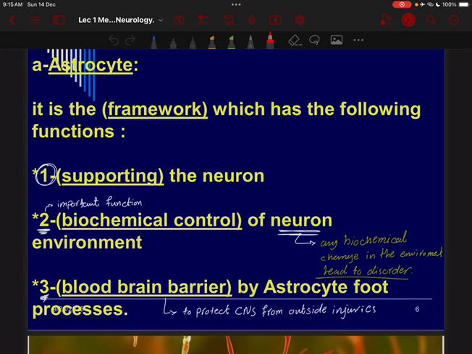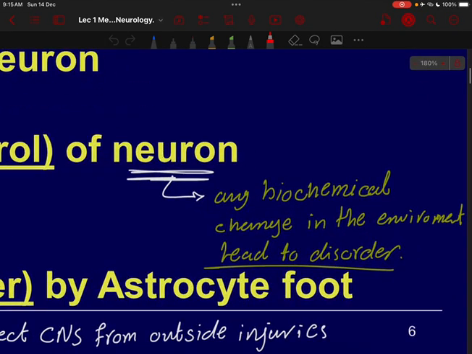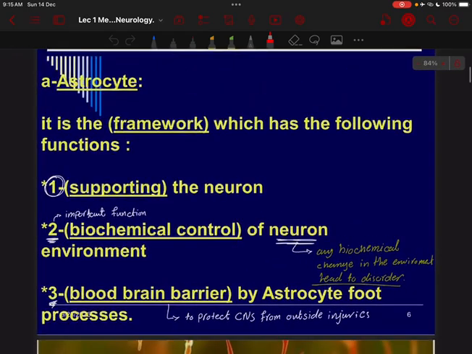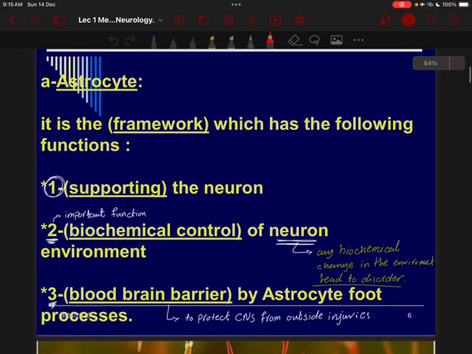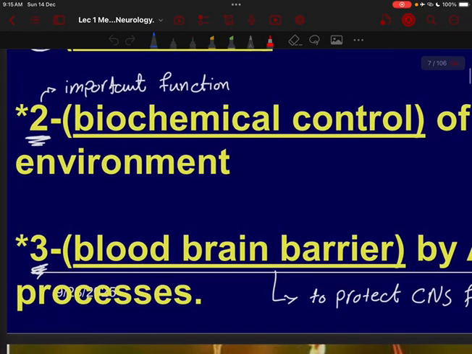And the third thing, which is very important, is the blood-brain barrier.